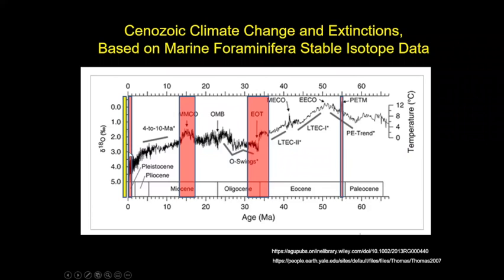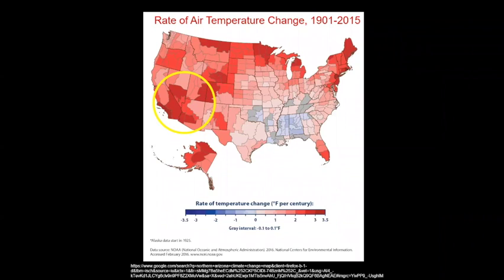Now, of course, climate change is bringing temperatures back up with potentially very problematic consequences for not only the natural world, but also for us humans. But this is the context in which we're looking at climate in our modern day. And so we can begin to look at air temperature change across the landscape. Of course, the Southwest is really prone to some of the highest increases in air temperature.